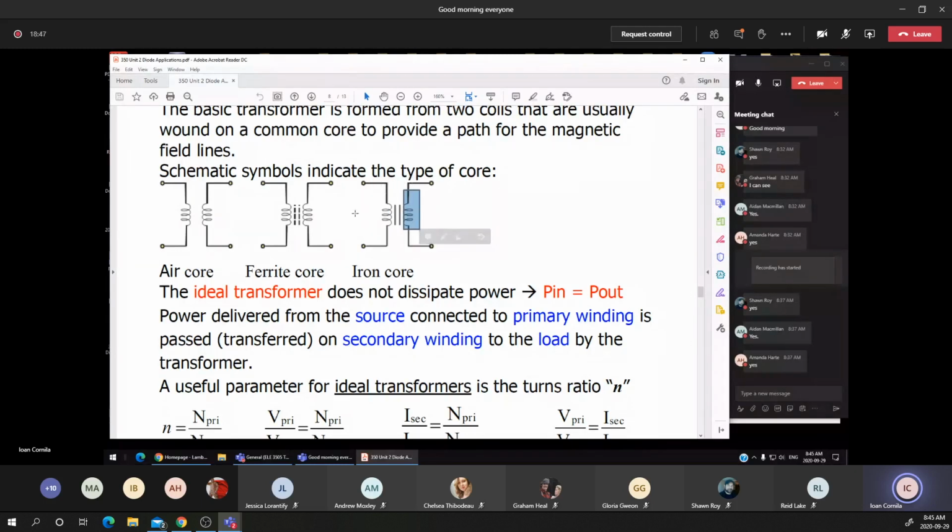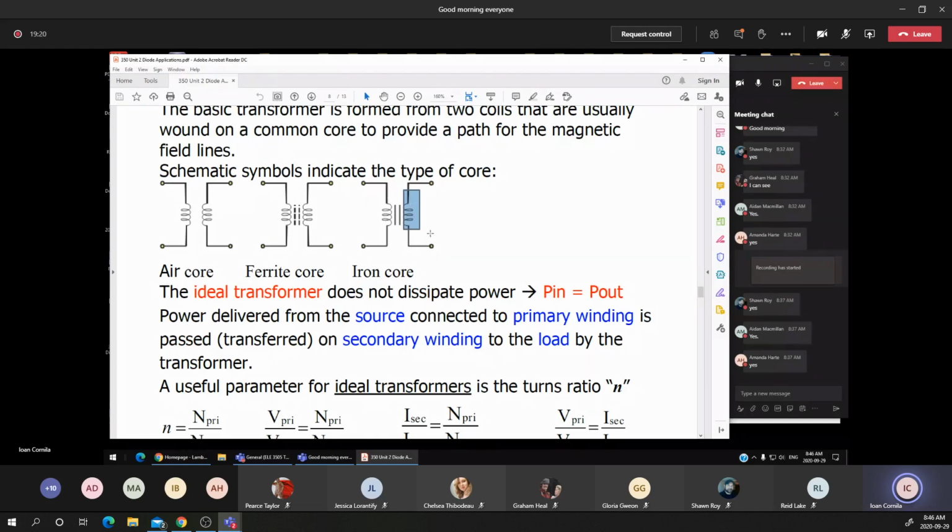Again, look at any of those three diagrams. I have the primary winding and the secondary winding. The transformer does not have an electrical connection between them. The energy is passed on to the secondary winding, or to the load, through the magnetic field that is created in the primary winding.